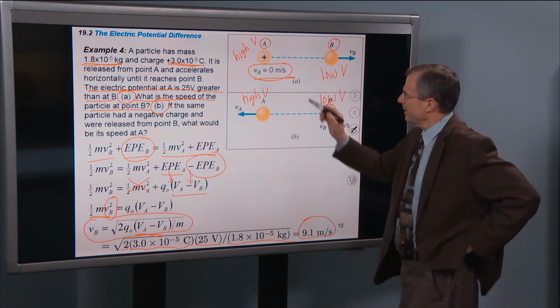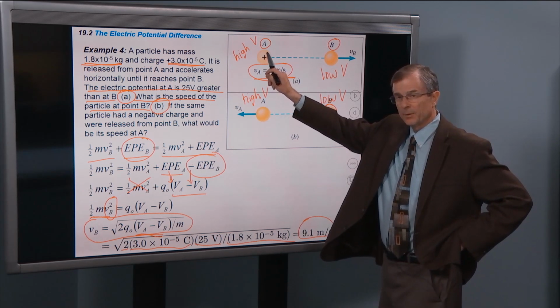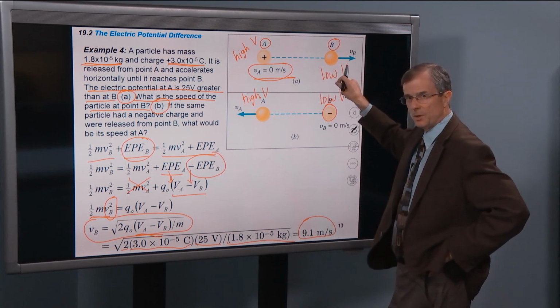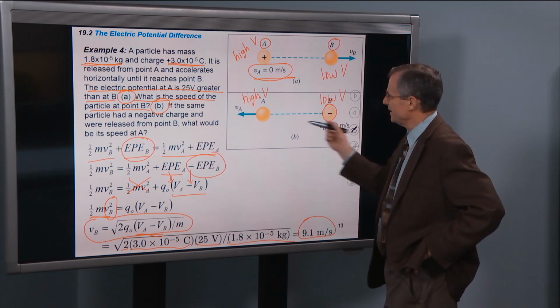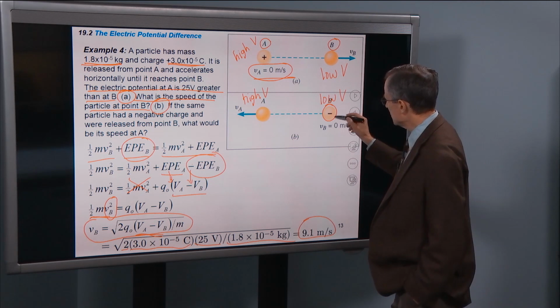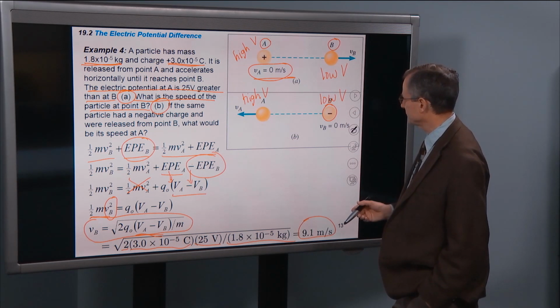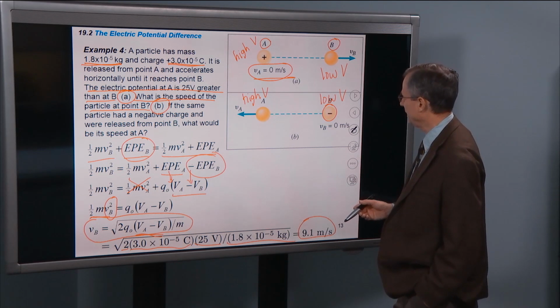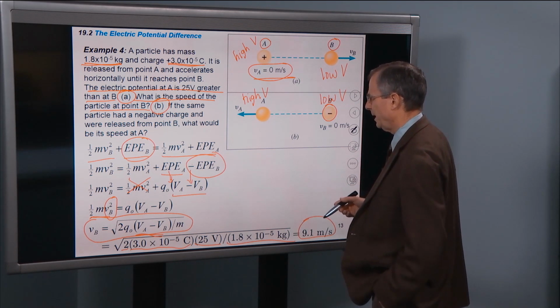But instead of having that positive charge being forced by the electric force from high potential to low, we've now got a negative charge, which tends to get attracted to the high potentials. So we're going to start it here and see how this works out. I'm going to start at point B, and that's my starting point, and my ending point is point A.